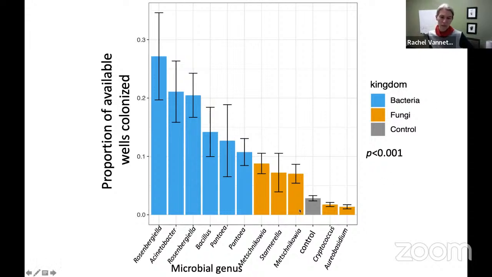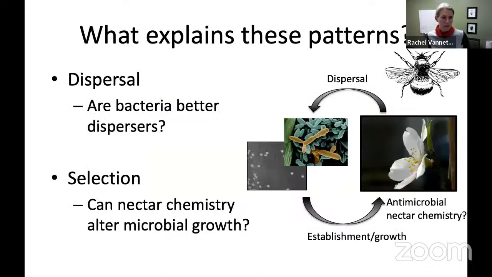We also had pretty low contamination in our controls. You can see all of the bacterial strains were more likely to colonize new wells than were these yeasts. Okay, so this does seem to suggest that bacteria are better dispersers, at least via these really common flower visitors, thrips.